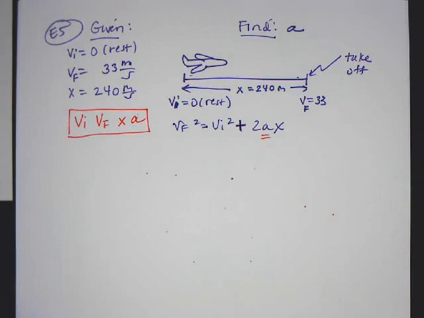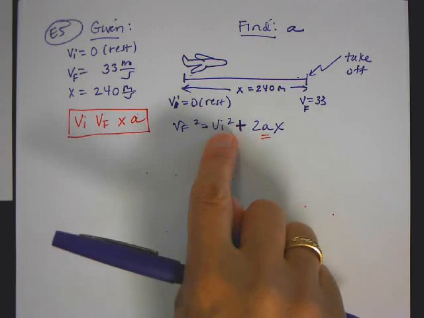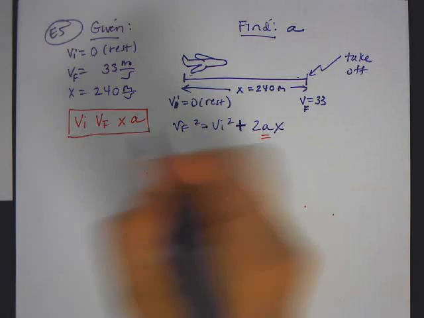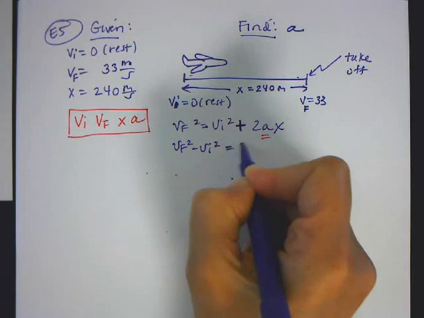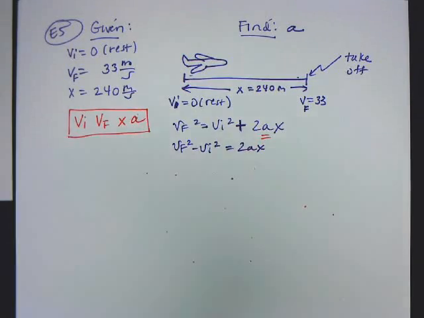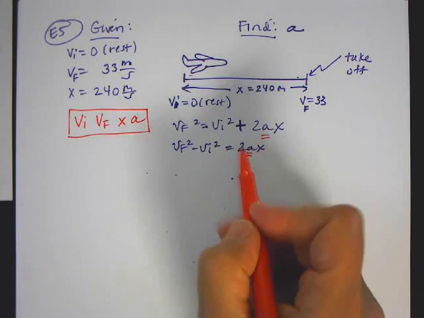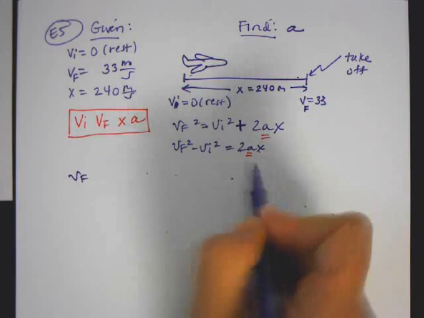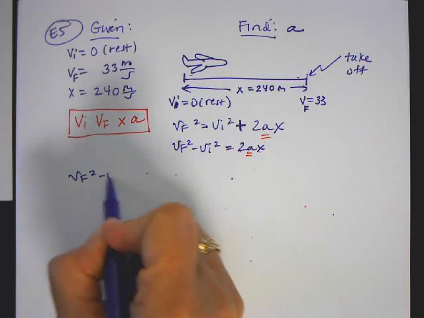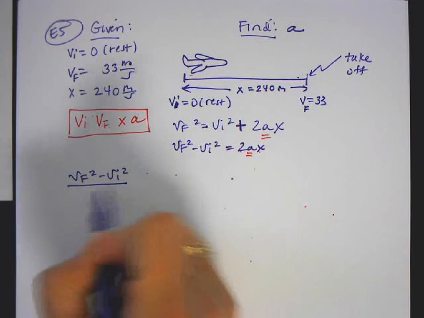So because there's a plus, I'm going to subtract this from both sides. So I'm going to say VF squared minus VI squared is equal to 2AX. Since I want to solve for A, and this is multiplied by both of those, now I'm going to divide both sides by 2x. So VF squared minus VI squared over 2x is equal to a.